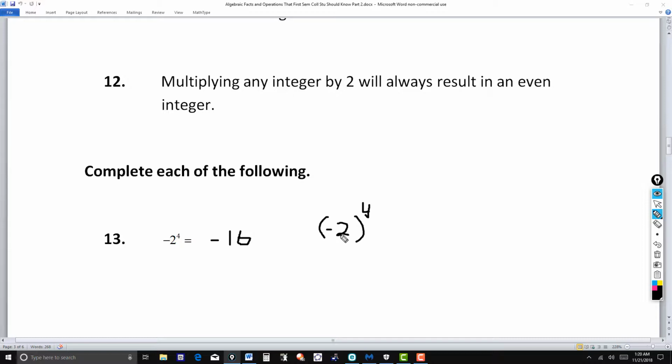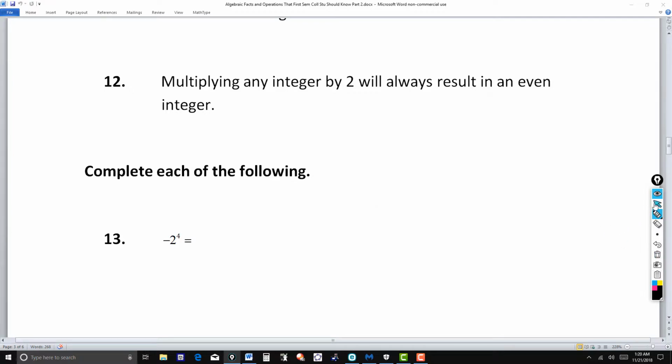Okay, but the way this is written, this basically means, okay, negative and then 4 factors of 2. So this is 2 times 2 times 2 times 2, -16.